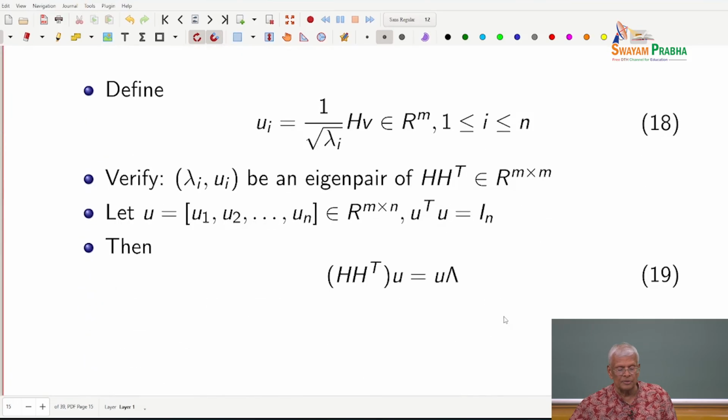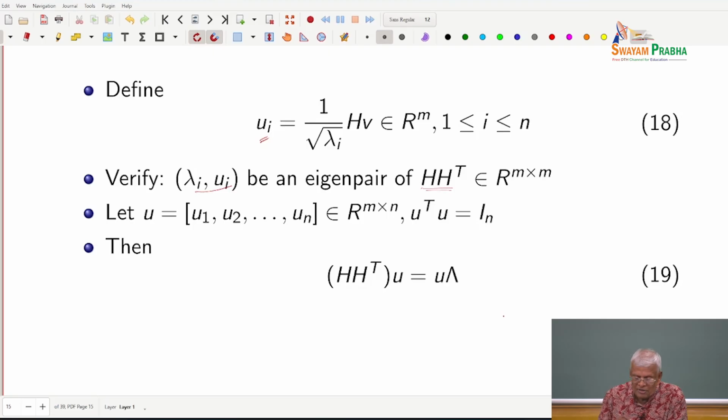Case 1 continued. Now I am going to represent Ui equal to 1 over square root of lambda i times H Vi. This is a linear transformation of the eigenvectors of the smaller of the 2 Gramian. You can verify from the SVD theory that we did in the module on matrix decomposition, lambda i and Ui are the eigenvalue and eigenvector pair for the larger Gramian HH transpose.